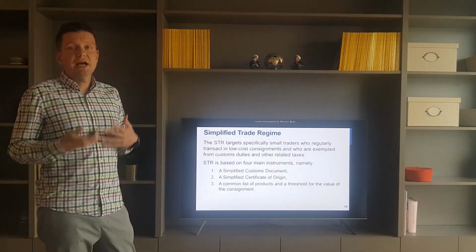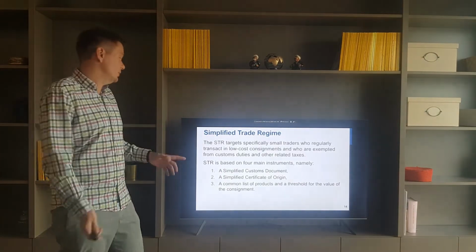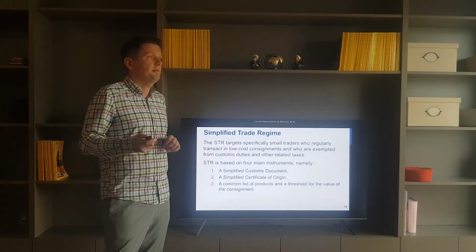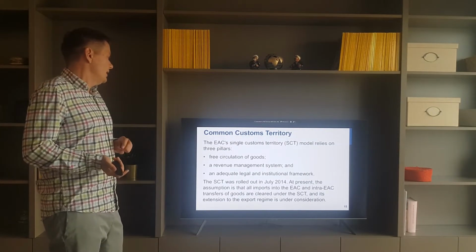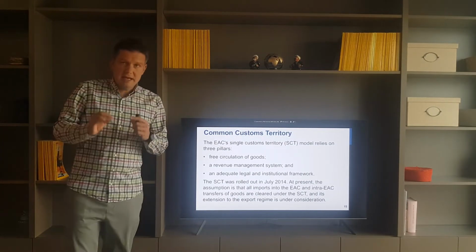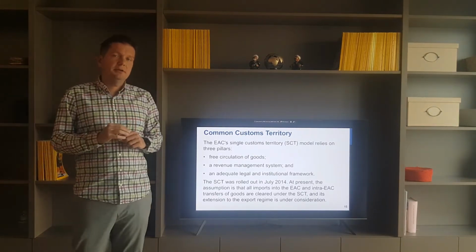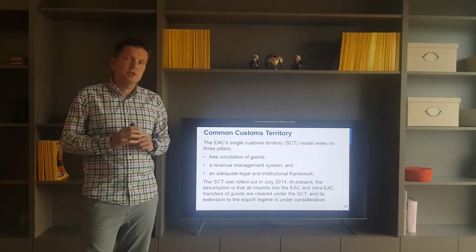Each country agrees on a common list of products under which the simplified border procedures can be applied. Okay, that is yet one other subcomponent of the custom modernization program.